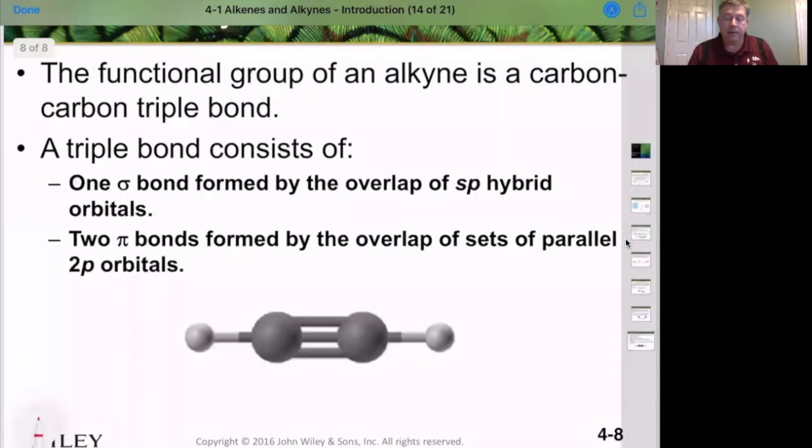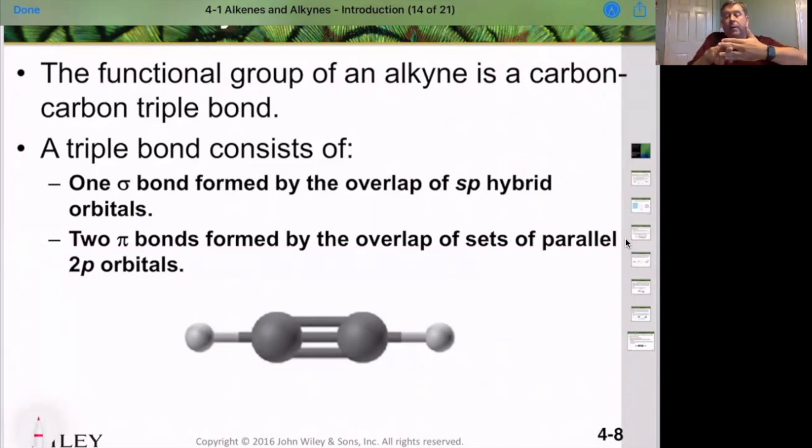Now let's look at the alkyne. In the alkyne, the carbon is sp hybridized, meaning there are two p orbitals available to form pi bonds. One of the pi bonds forms in the x-axis, and the other will be on the y-axis, if we look at the hydrogen-carbon-carbon-hydrogen bond as our z-axis.